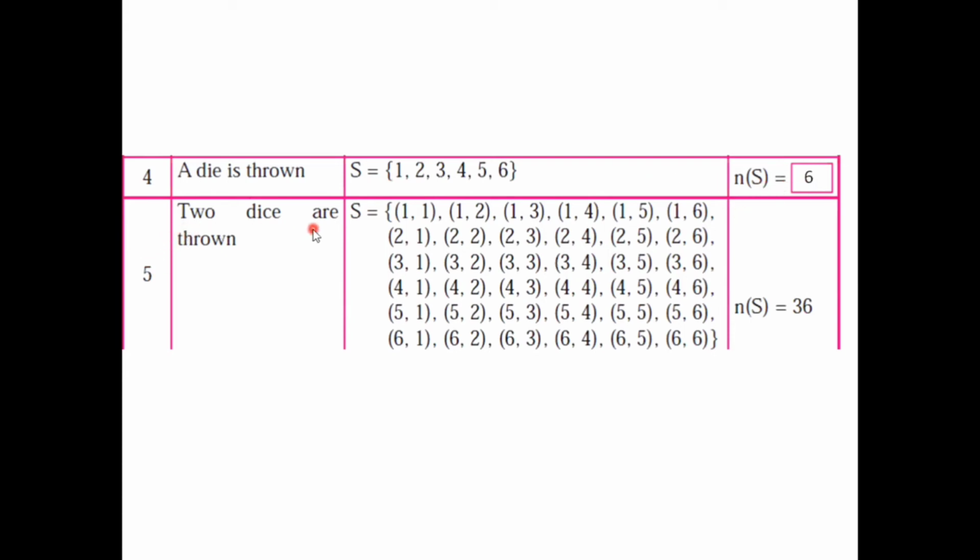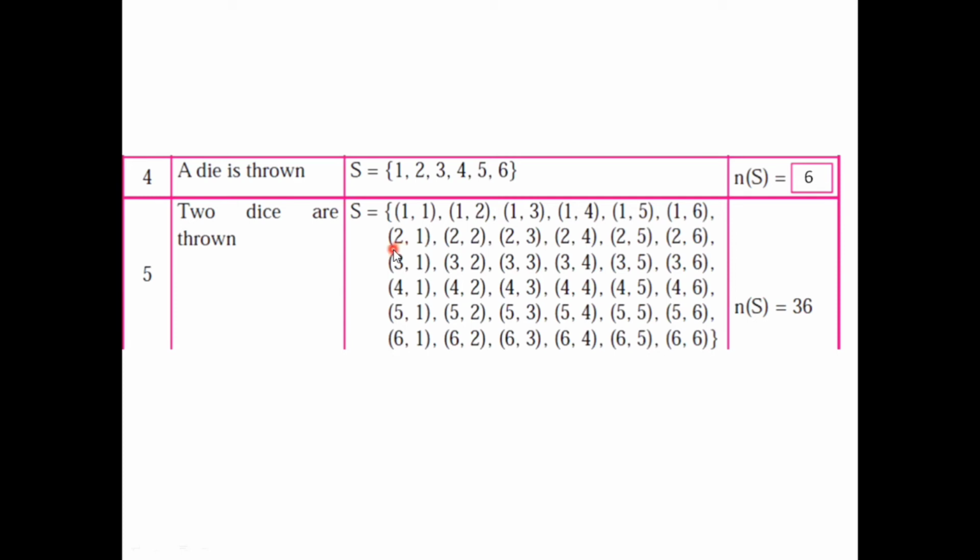In the same way, if two dice are thrown, then the sample space will be: the first sample point is 1 1. That means on the first die we get 1, and on the second die also we get 1. The second sample point is 1 2. That means on the first die we get 1, and on the second die we get 2. In this way we get a third sample point 1 3, fourth is 1 4, 1 5, and so on.